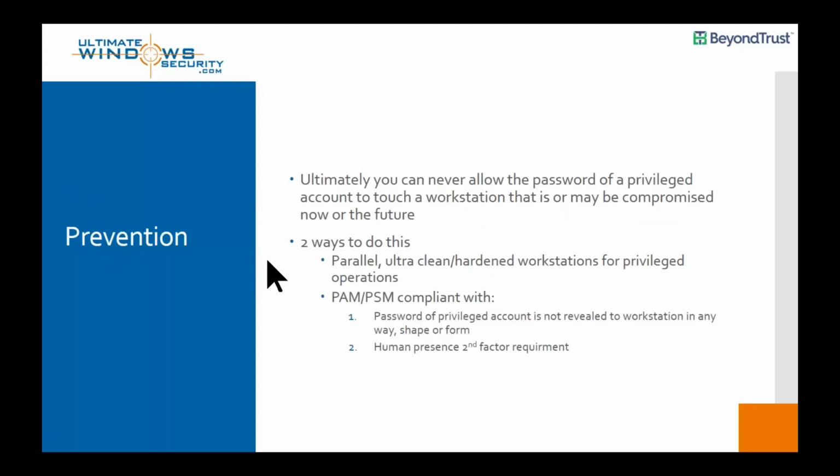Now, the way to address this is basically restating what the SANS quote already said, and that is, bottom line, you can never allow the password of a privileged account to touch a workstation that is or may be compromised now or in the future. Now that's pretty wide open, right? And how many workstations can you really say are not vulnerable to being compromised?